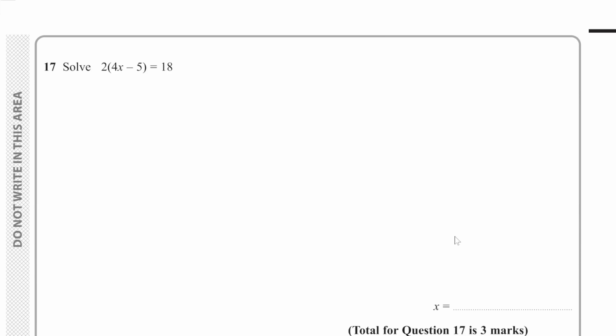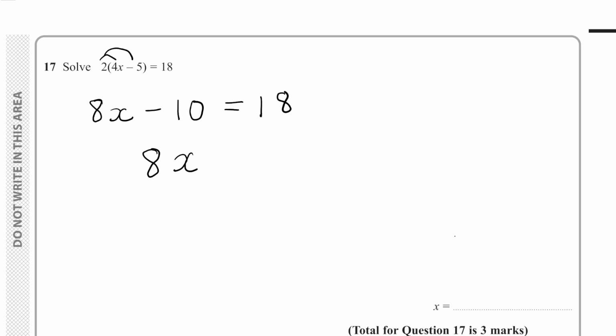Question 17, solve. So find out what number x is. I'm going to expand this bracket first. 2 times 4x makes 8x. 2 times negative 5 is negative 10. So 8 times x, take away 10 is 18. 8 times something, take away 10 is 18. I'm going to make this simpler by adding 10 to both sides.